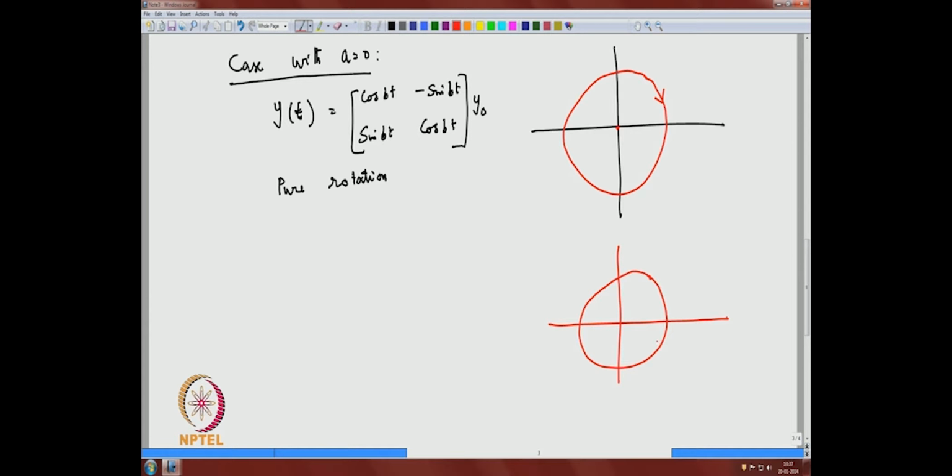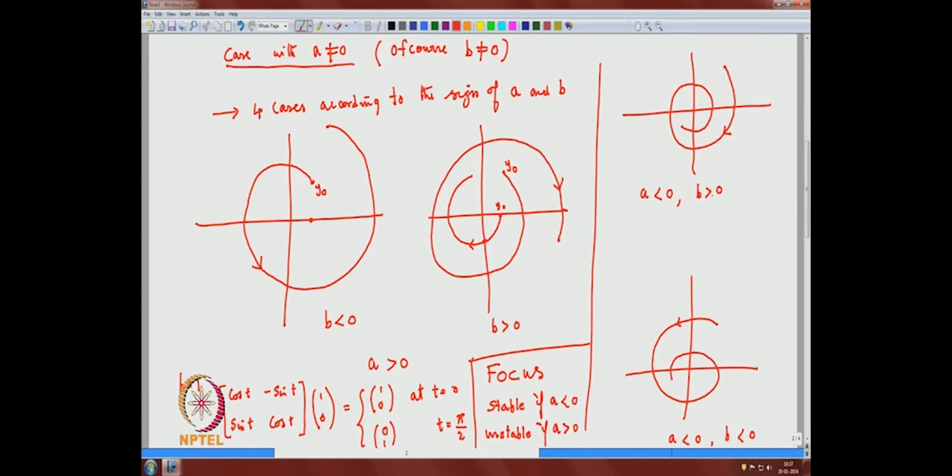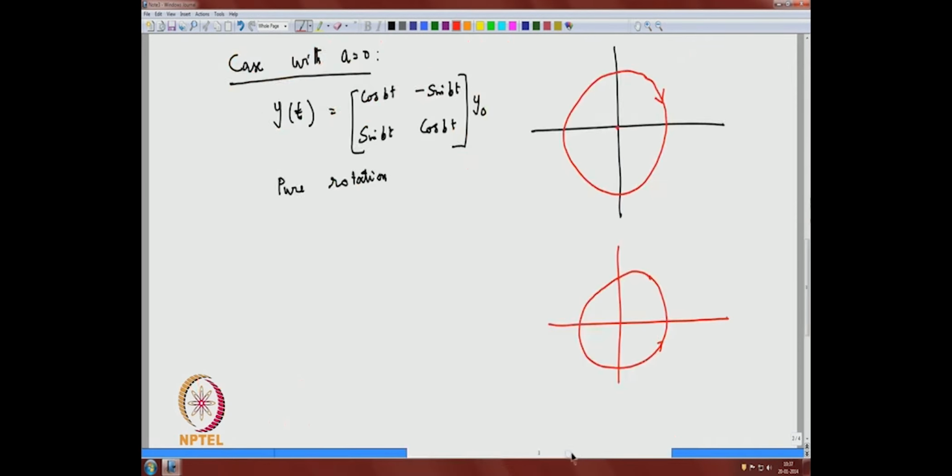So you have this situation. This is the B positive case, where you have a clockwise rotation, and with B negative you have anti-clockwise. So this is the case with B positive and this is the case with B negative.